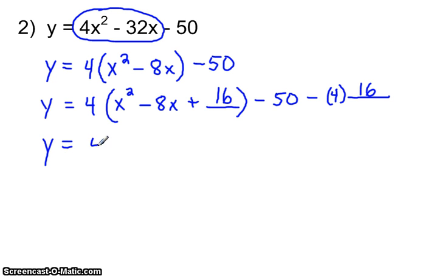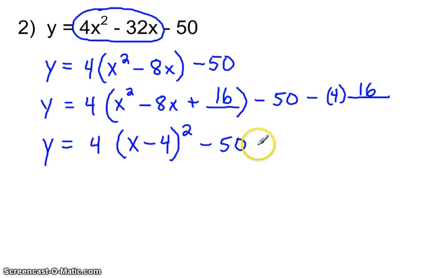All right, we're getting there. So this is 4. Half of negative 8 is negative 4. So this would be x minus 4 quantity squared in factored form. And then we've got the minus 50. And then 4 times 16 is 64, so this would be minus 64.